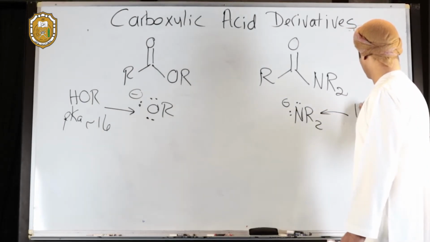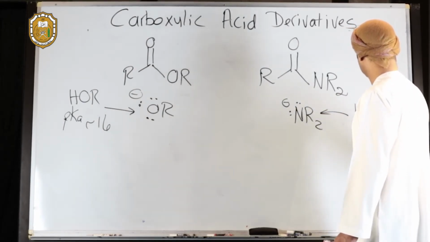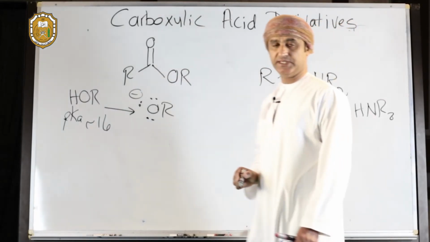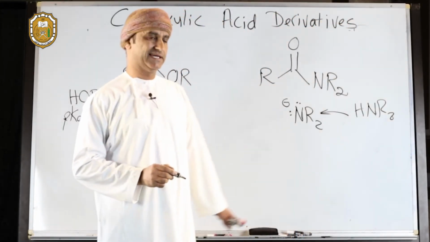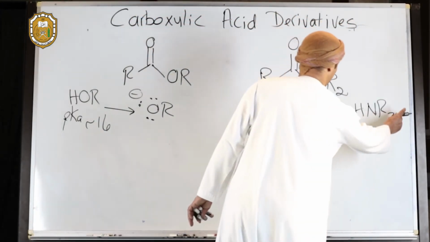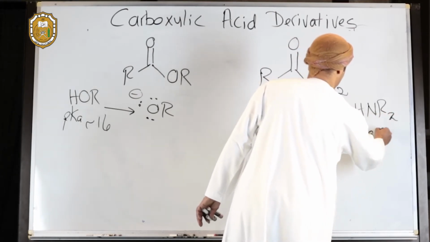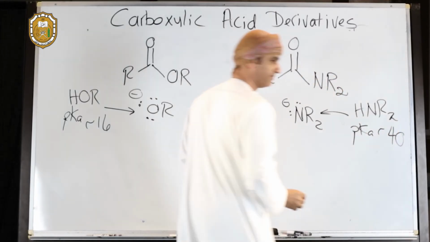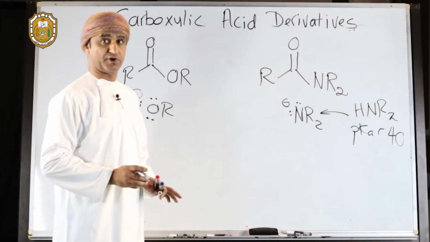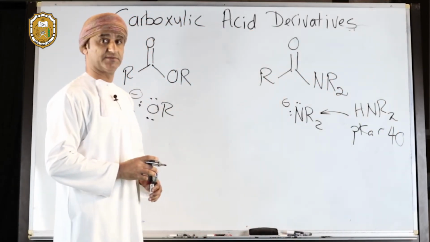NR2 minus comes from amines in general. Amines are very weak acids. The pKa of amines is about 40 in general. It's 36 for ammonia. In general, we can say it's about 40.